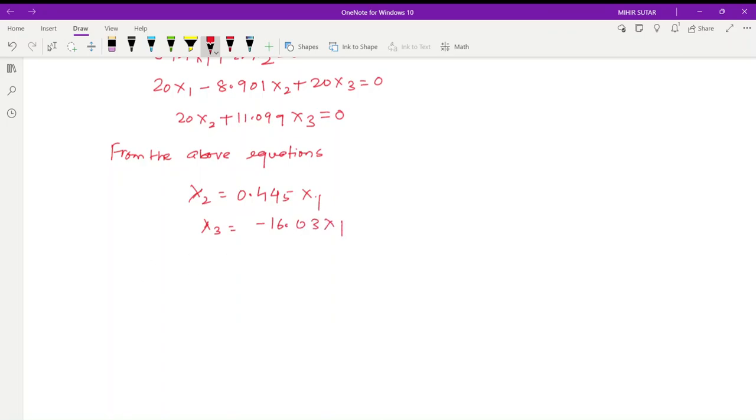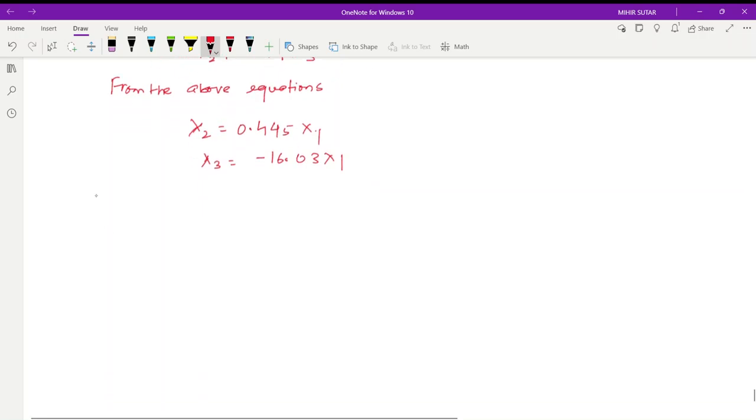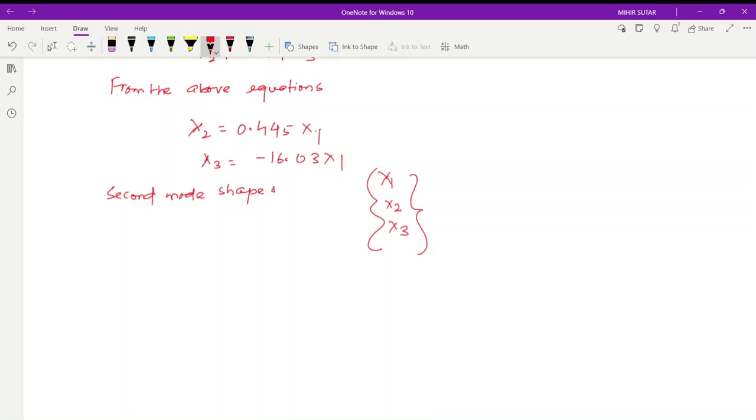So the second mode shape is x1 x2 x3 is equal to 1, 0.445, minus 16.03, okay. So this is the second mode shape.